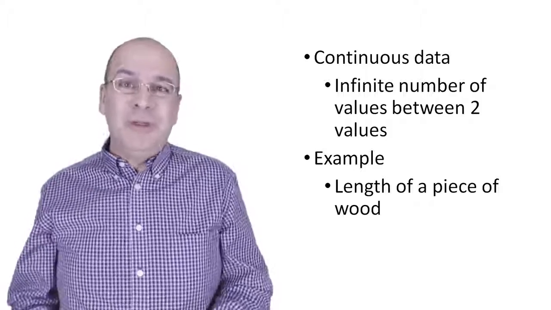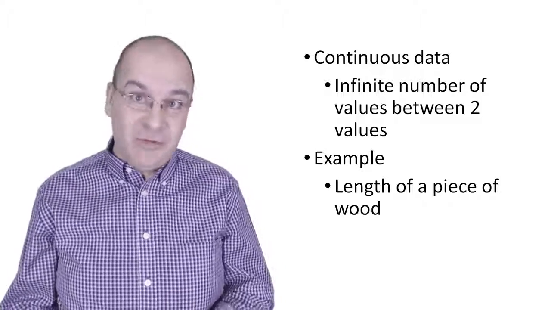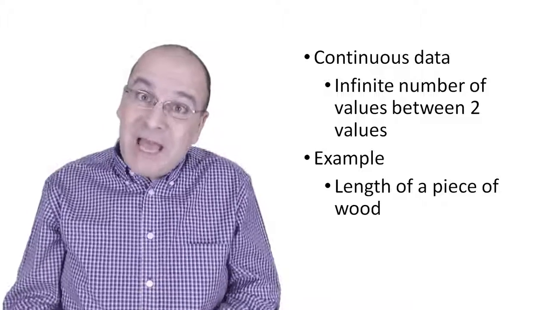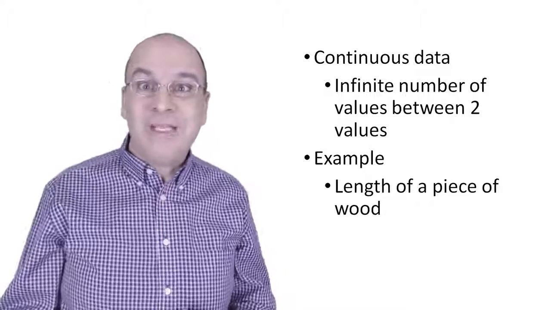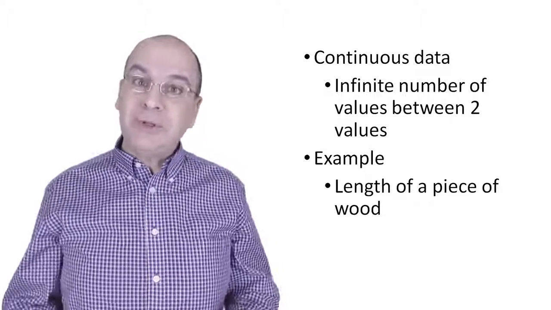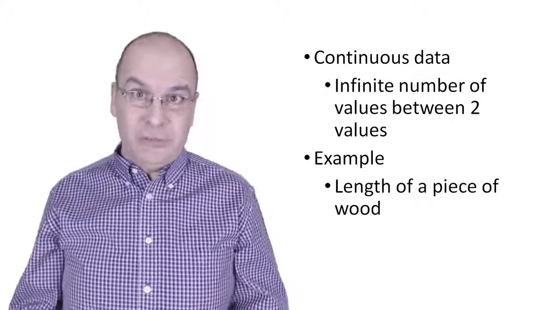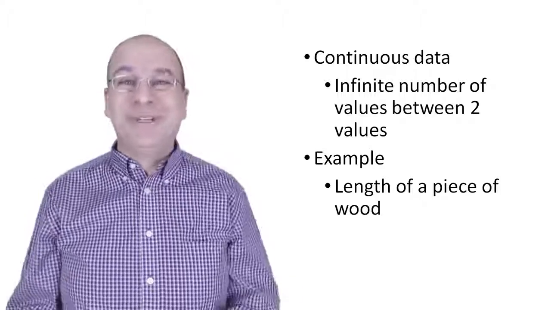So you could give me 1.5 feet or 1.25 feet or 1.125 of a foot, but we can keep doing that forever. We can do 1.16, we can do 1.32, and so on.